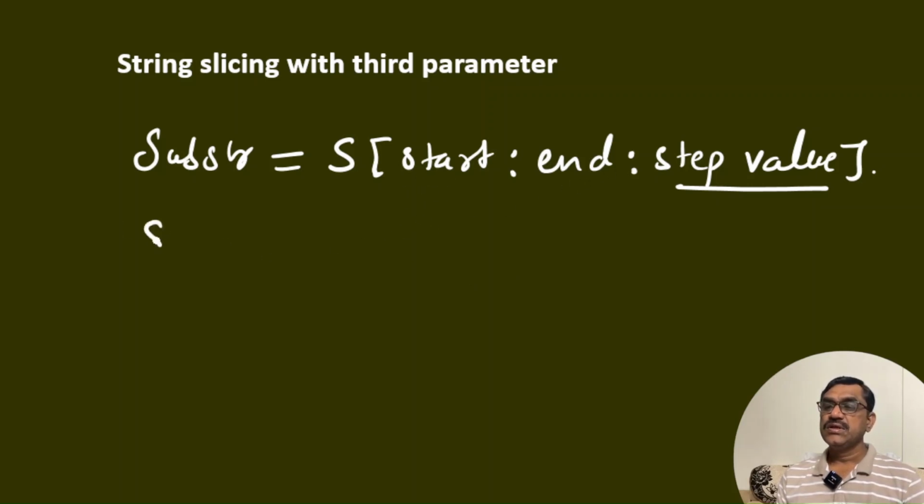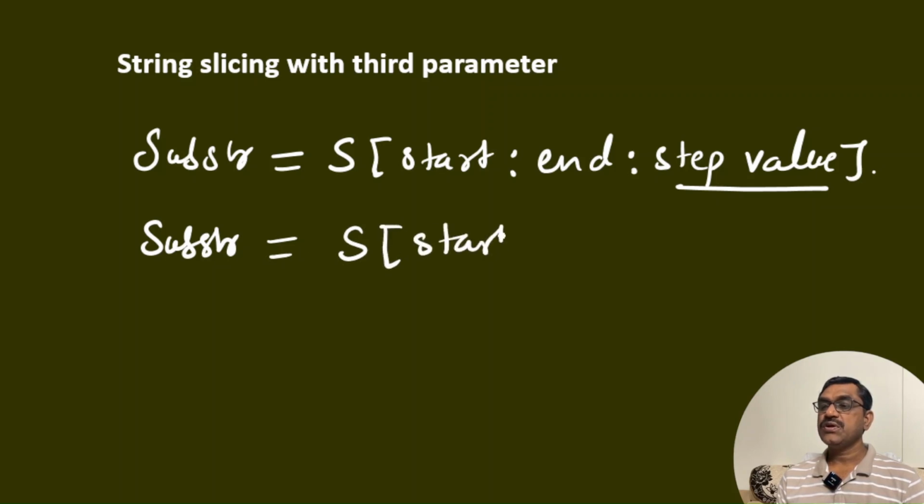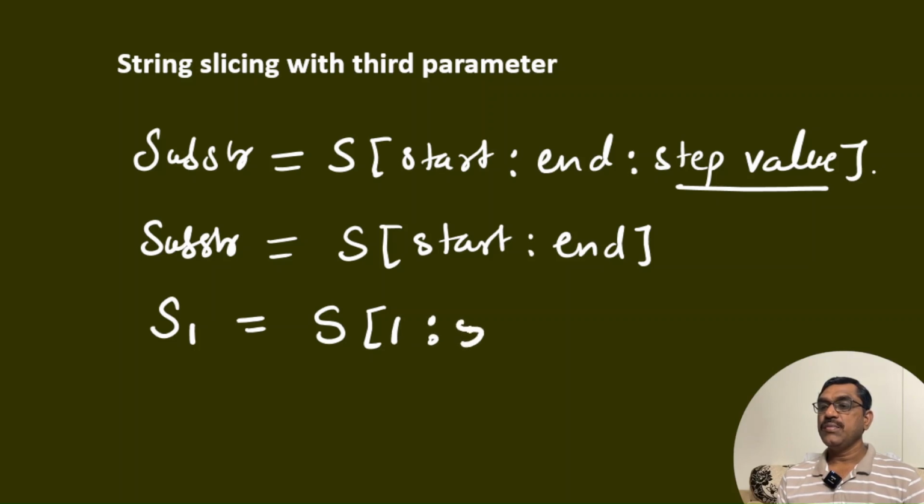That means in the previous discussion, we said that substring is equal to s, the original string, and we mentioned the start index colon end index. For example, take substring s1 is equal to the original string s, and you mention the start index 1 colon and the end index 5.